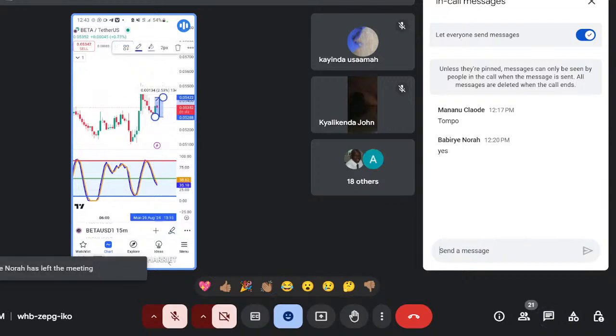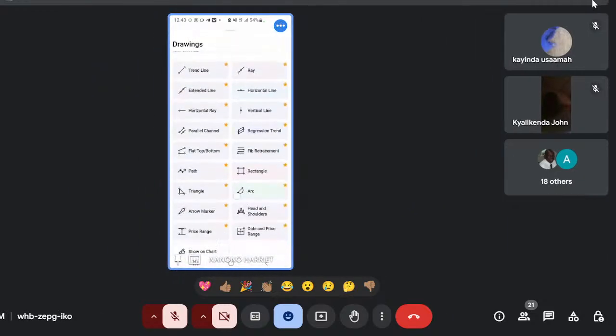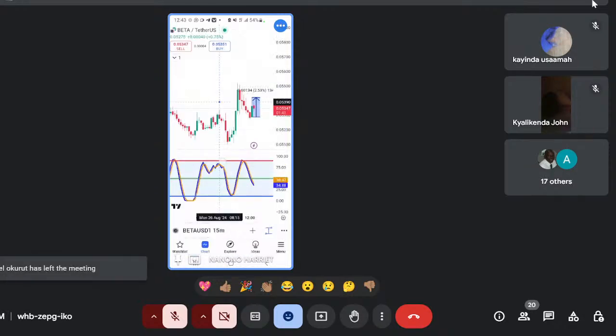Right now, don't enter the trade, you wait. Someone who entered here when it did this, entered the trade and then it made 7%.